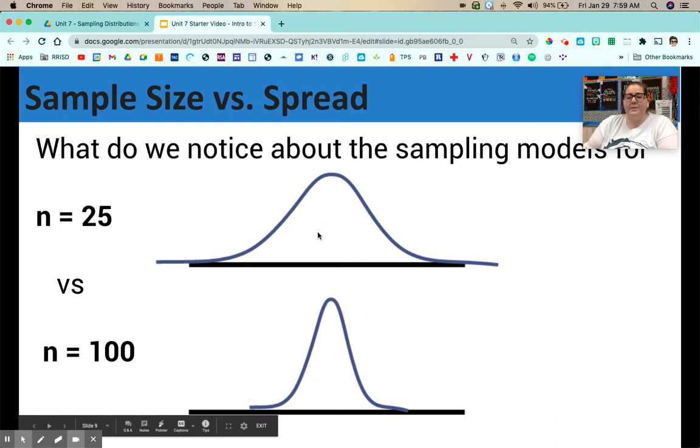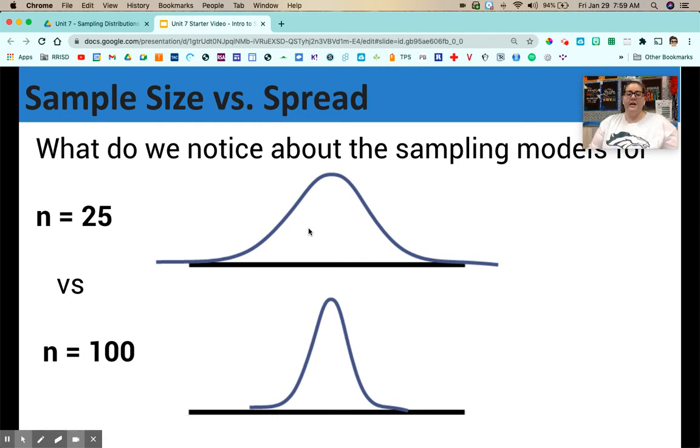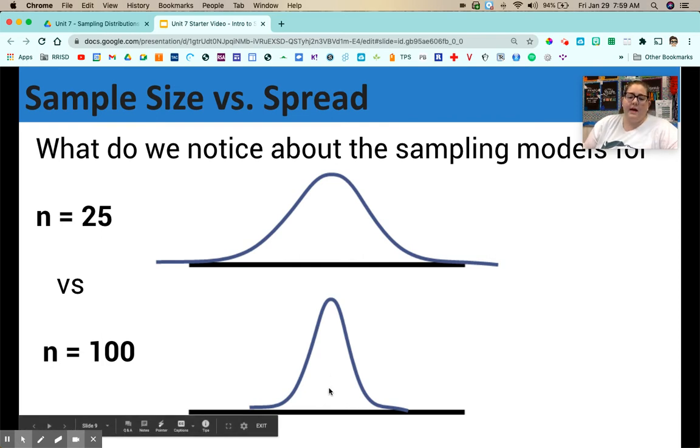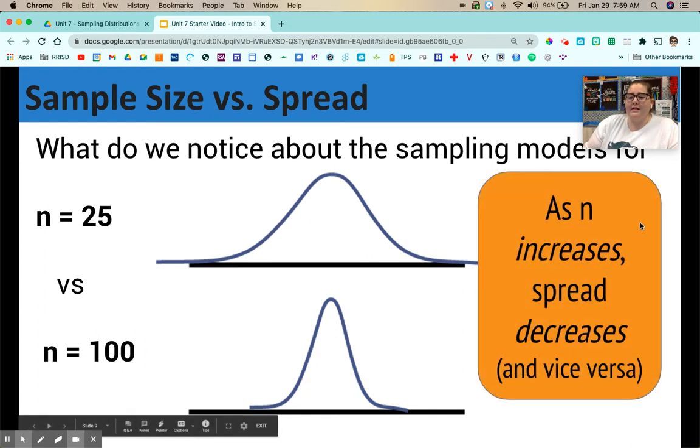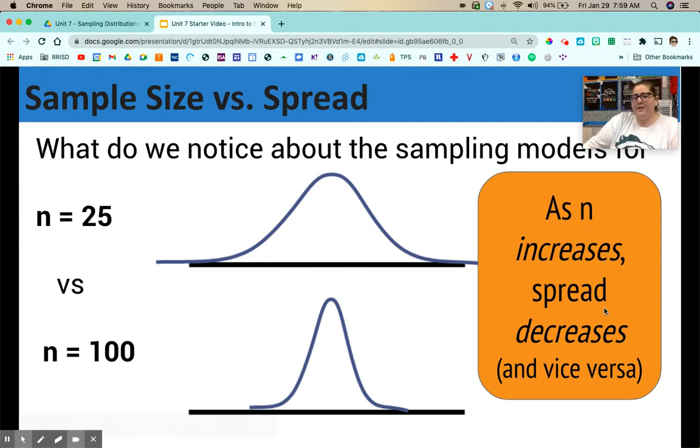So with the smaller sample size, the sample proportions were much more spread out, versus the bigger sample size, where we had much more compact and close together proportions. So as our sample size increases in a sampling distribution, spread should decrease and vice versa. As sample size increases, your spread for that sampling distribution is going to decrease.